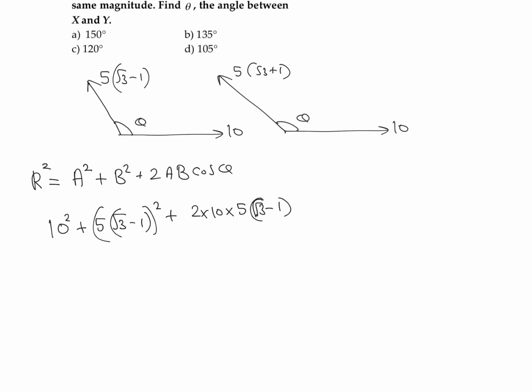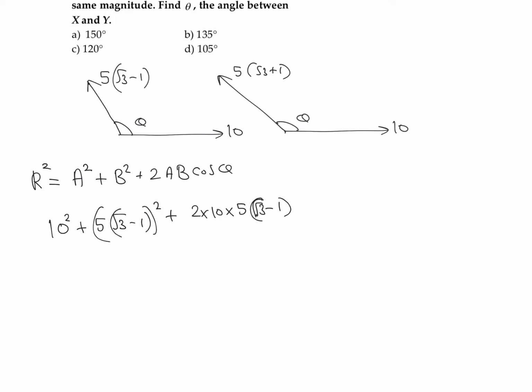In the first term we have 5 square and root 3 minus 1 the whole square, plus 2 into 10, which we can take as 2 into 5 into 5, that is 5 square, into root 3 minus 1 into cos theta.